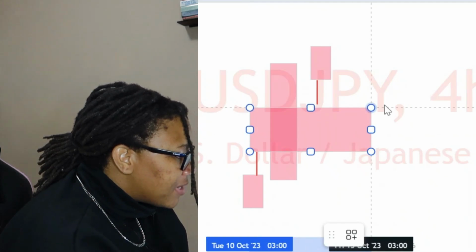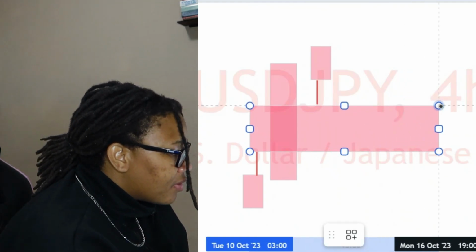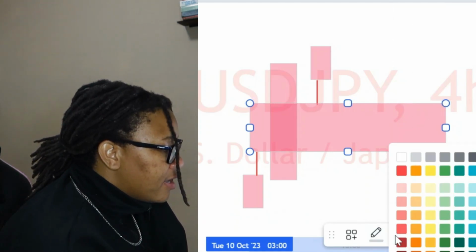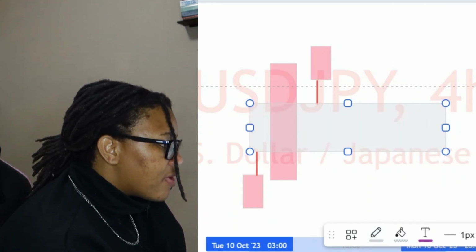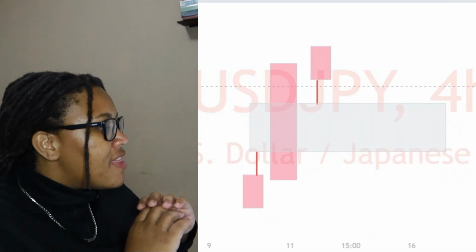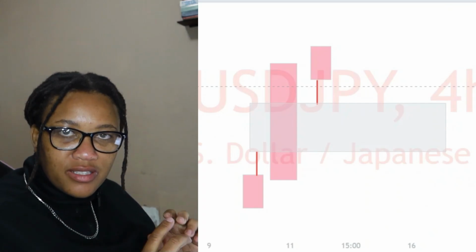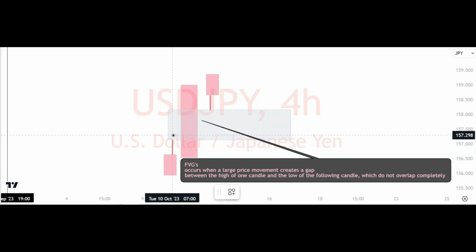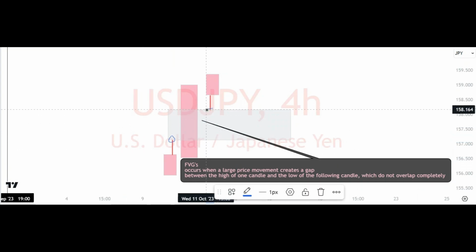And this little space right here is the fair value gap. Let me change the color to gray. So that space right there is a fair value gap. The high of one candlestick. So when they say the high of one candlestick, it's basically this high that they're speaking about and the low of the other.